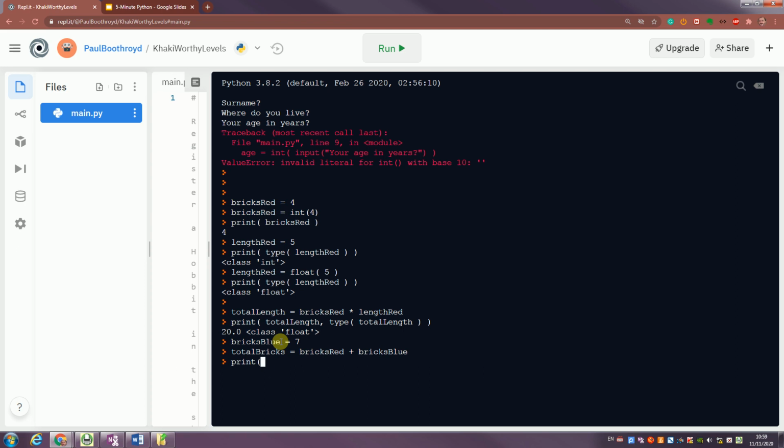And I can print out that total value. And this time we're adding 2 integer numbers together. We don't expect them to give us a decimal at any point, so Python has made it an integer value. Okay, it's worked it out for itself.